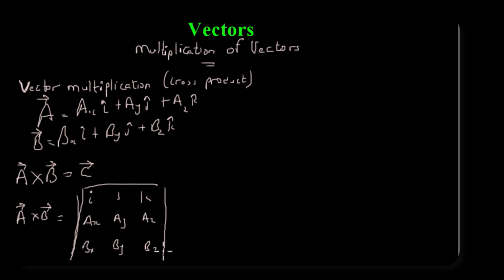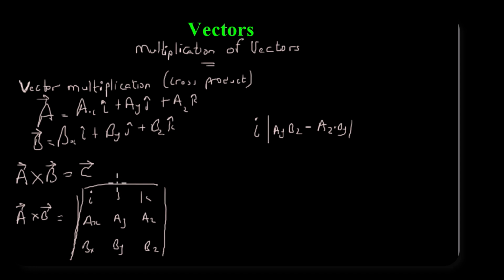I want to multiply the leading diagonal and subtract it from the backward diagonal. So I will simply be, so you can do a parenthesis in front, AY dot BZ minus AZ dot BY. And that's how I find my I.